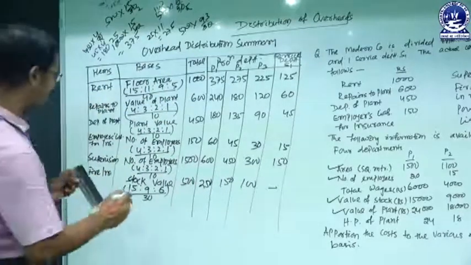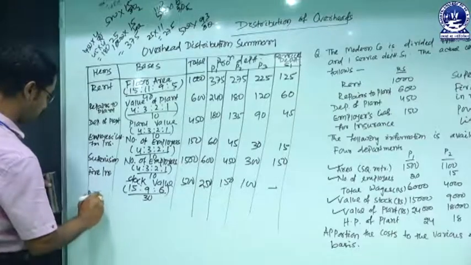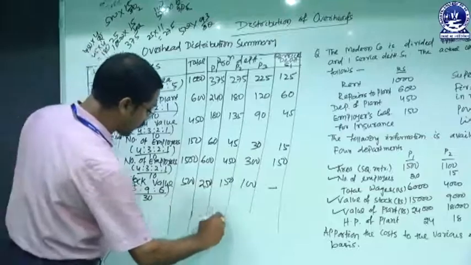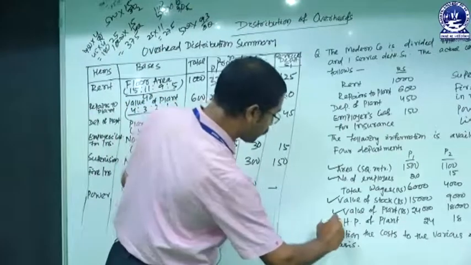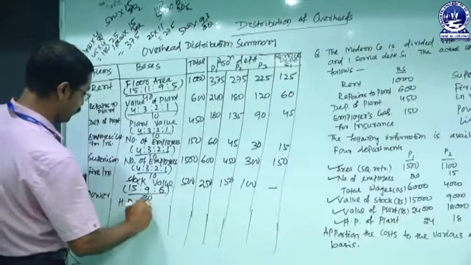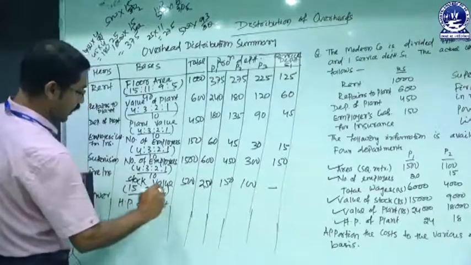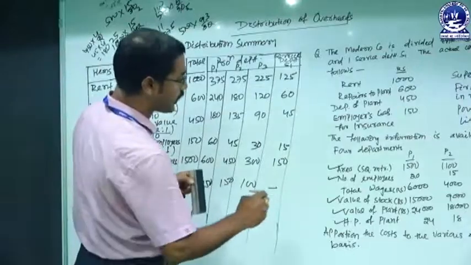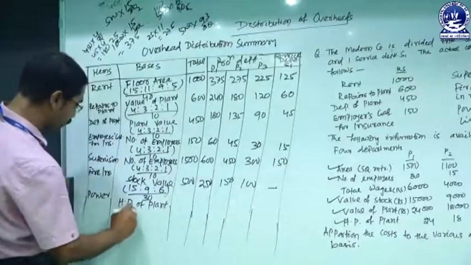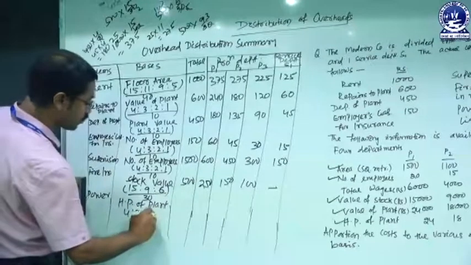Then the next one is power. Relating to power, the most equitable base is horsepower of a plant, and the base is 24, 18, 12, 6. If we make it into smaller form, that is 4:3:2:1.